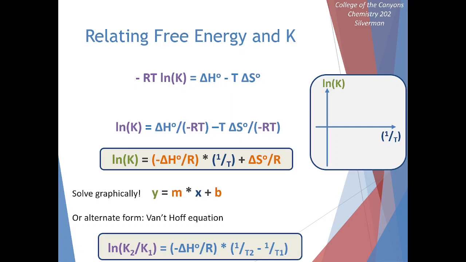We can have a variety of forms of this Van Hoff equation. We utilize this form in our experiment on cobalt complexes in equilibrium with each other at various temperatures. But we can also have a form that is useful when we have more than 2 data points. This can form a linear relationship between the natural log of our equilibrium constant and 1 over temperature, and we can figure out the change in enthalpy based on the slope, the change in entropy based on the y-intercept.